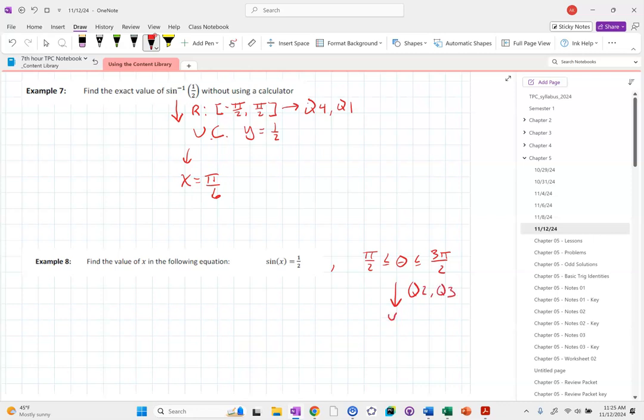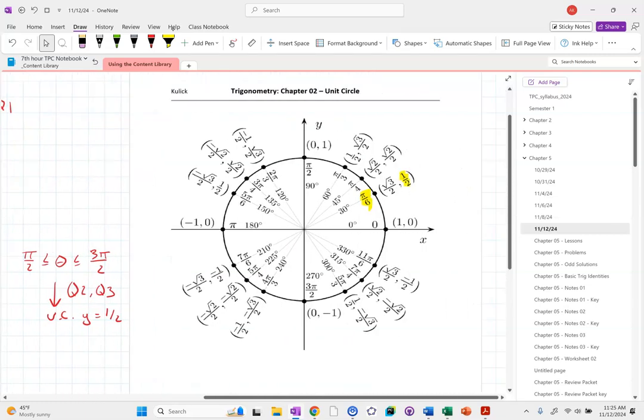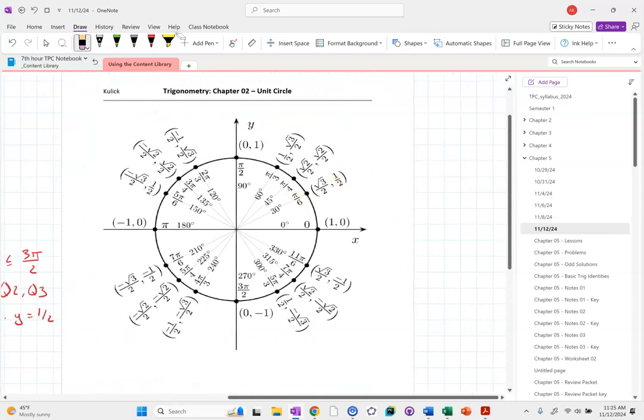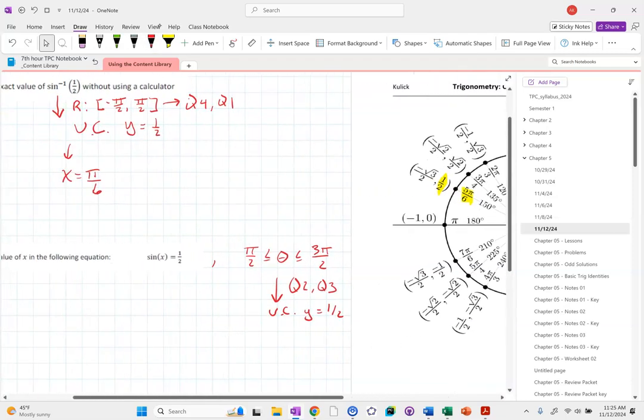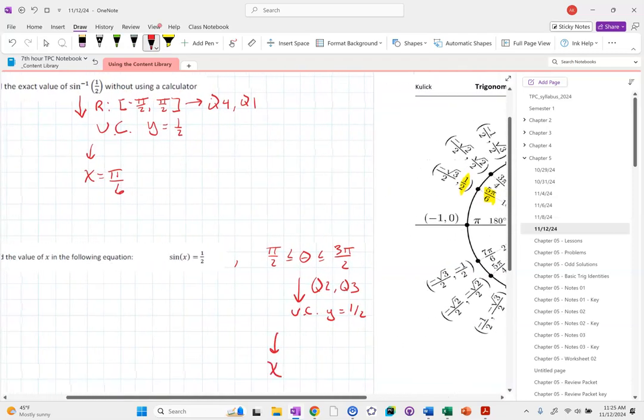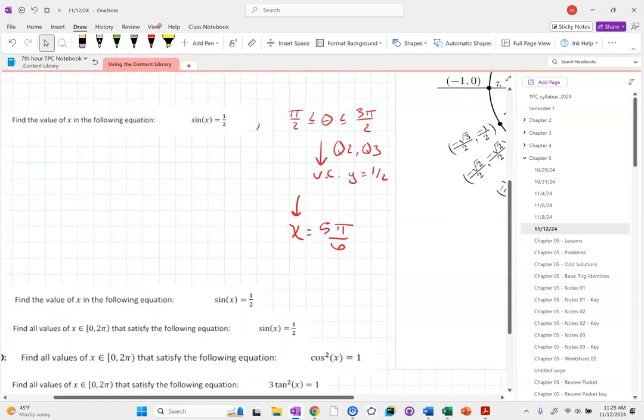So we go to the unit circle and look for where y is equal to 1/2 in quadrants 2 and 3. That's the only place in quadrants 2 or 3 where y is 1/2, so my answer would be 5 pi over 6, right?